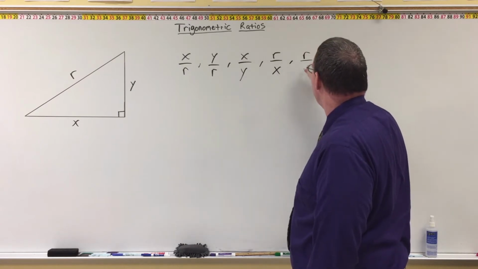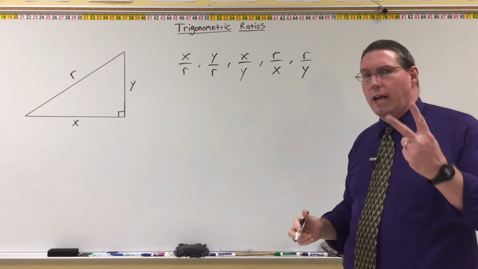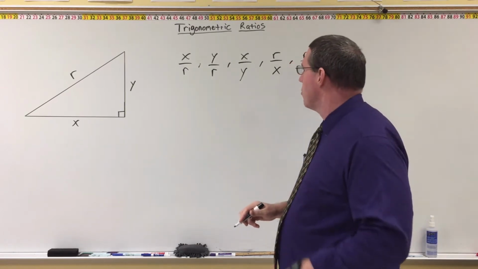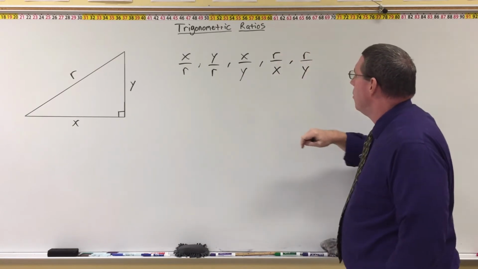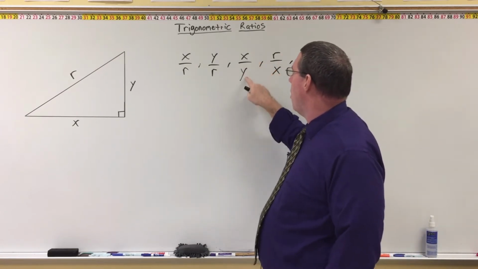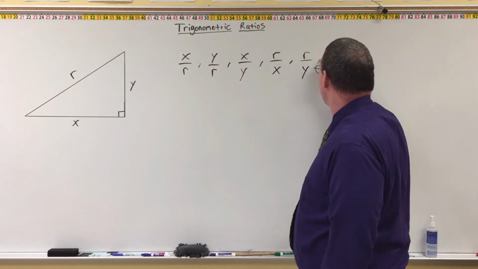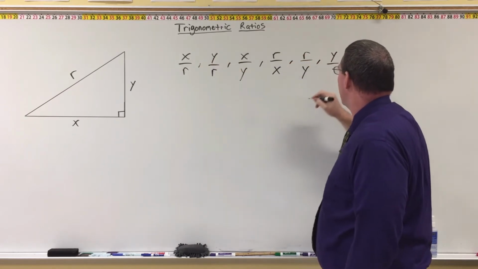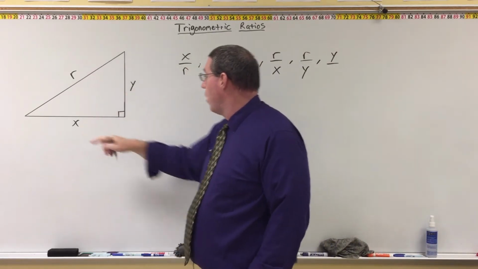So it looks like each letter has 2 chances of being in the numerator. We've already got r in the numerator twice, once over x, once over y. We've got x in the numerator over y and x over r. So now we're missing one. There should be another circumstance where y is in the numerator. And so we have y over r. So now let's do y over x.